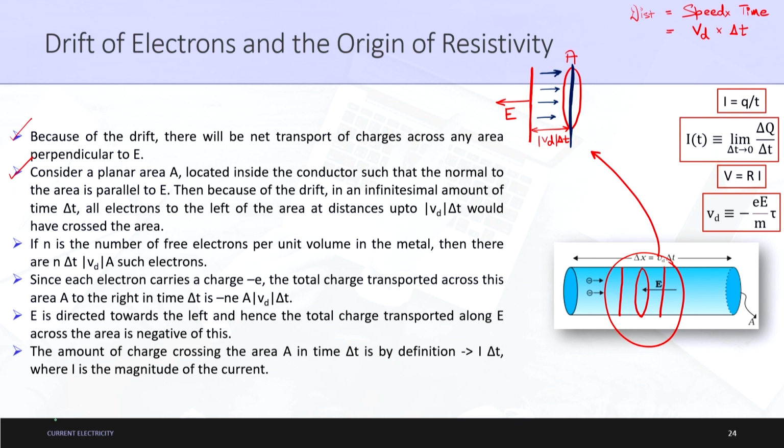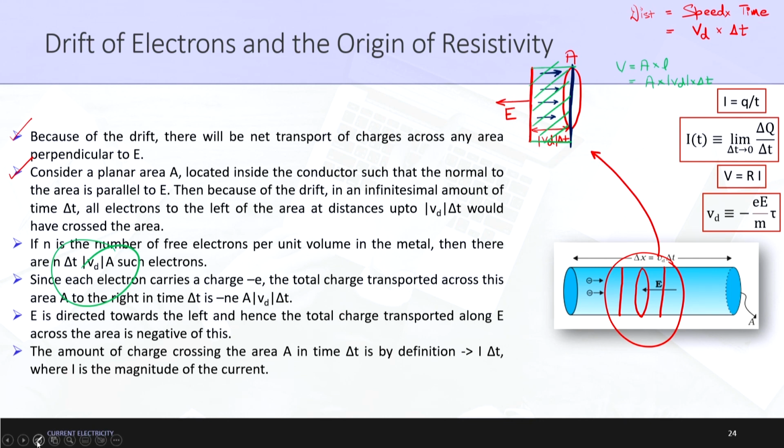If you need to find the number of free electrons per unit volume, then multiplying n with a volume gives the number of electrons passing through that volume. If I assume this to be that volume, volume is nothing but area multiplied by length, and that length can be assumed to be v_d into delta t.